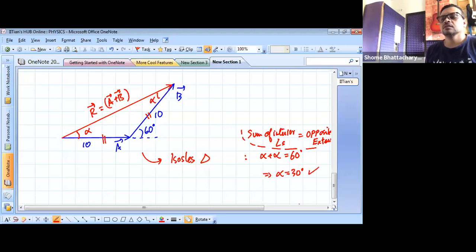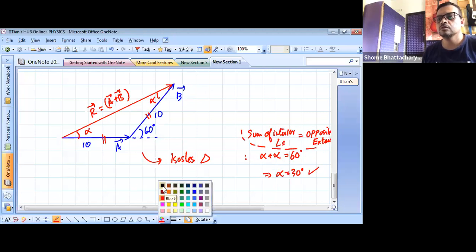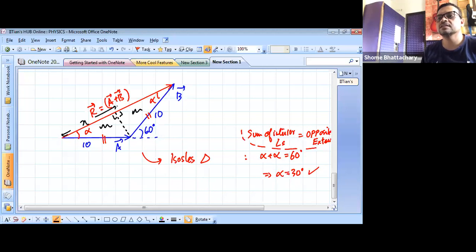So that's done. And now once you've done that, you can do another thing: if you drop a perpendicular from this side onto this side, it will bisect it into two congruent triangles, where this side is x and this side is x.